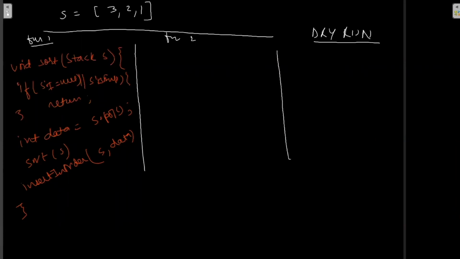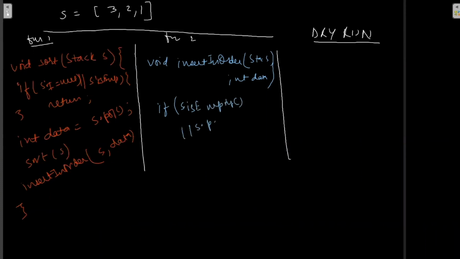Okay, now this method is void. Okay, it takes s and it takes data. Okay, this method is: if s is empty or s dot peek is less than or equal to data, in that case, I simply put s dot push data.